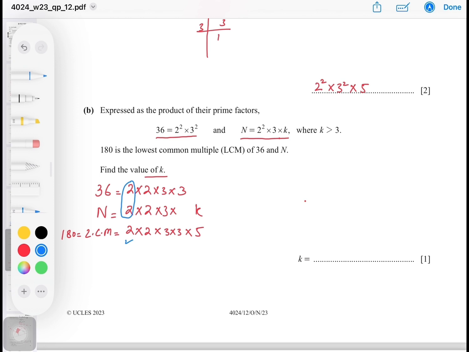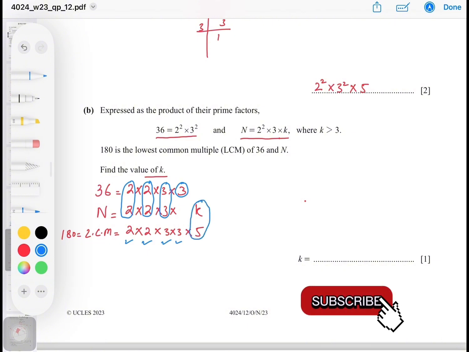This is the LCM. If we pair again, this will also come in the LCM. This 3 is actually present in 36, so it is also part of 180. So it must be that k is equal to 5. So the answer is k equals 5.